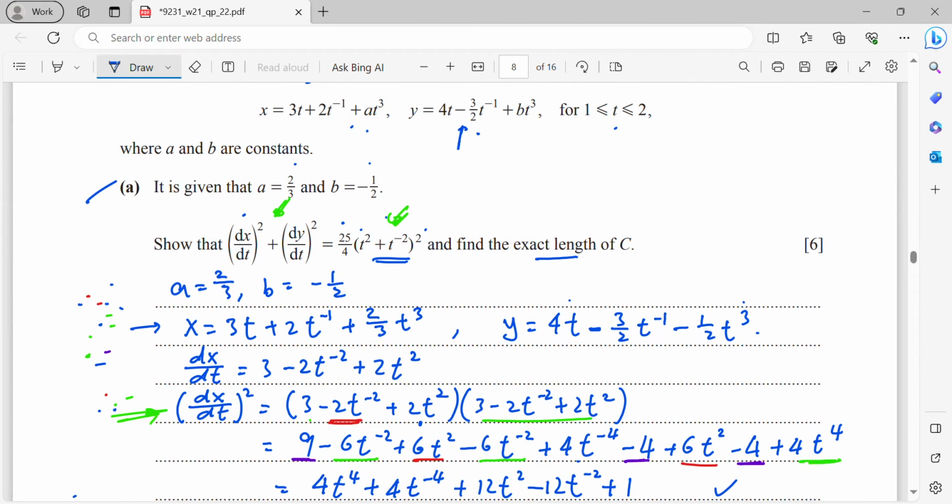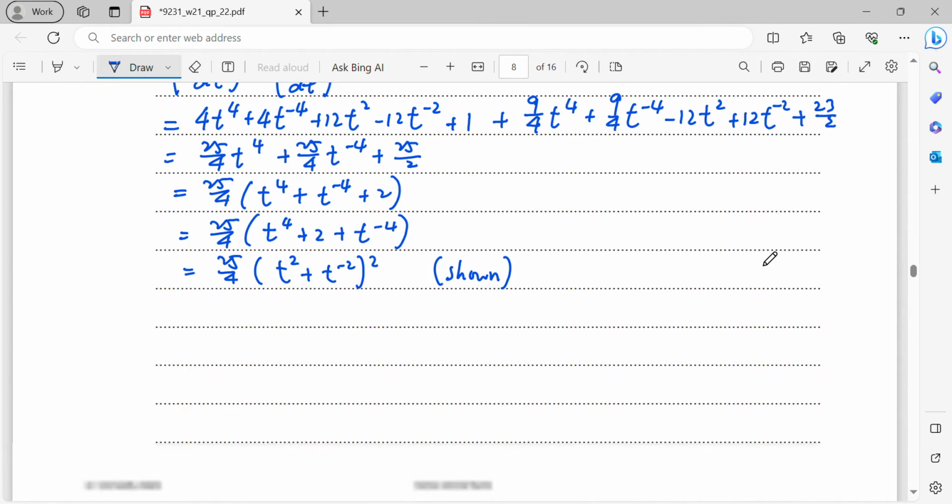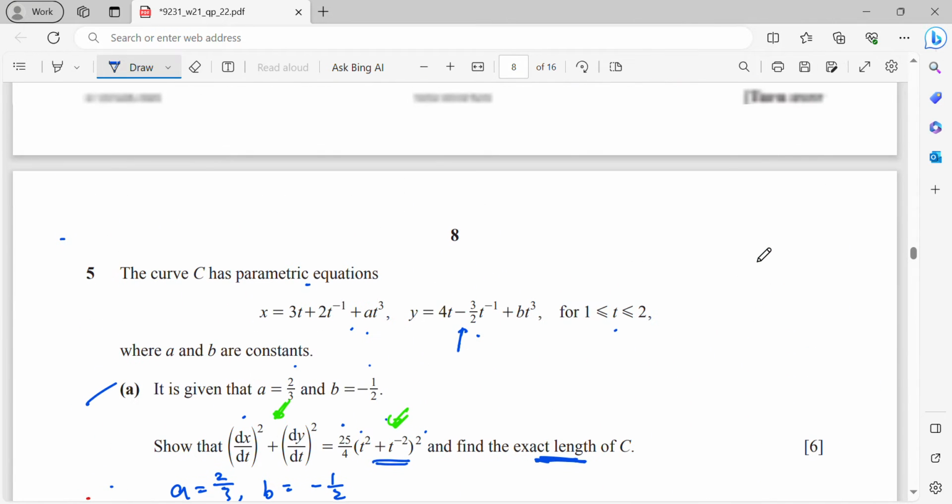Now, don't forget to find the exact value, exact length of C. So now, length of C, it is integrate. So look at the question here, the t from 1 to 2.